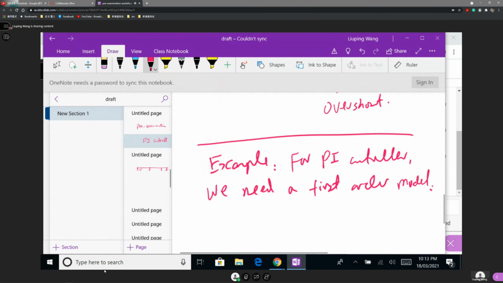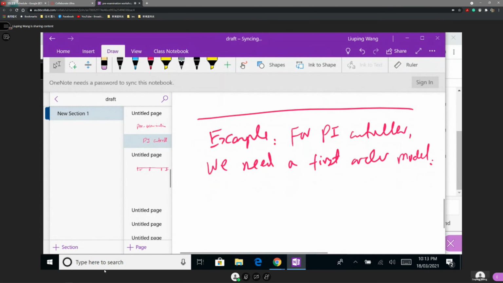So I have a first order model, G of S equal to 3 over S plus 0.1.